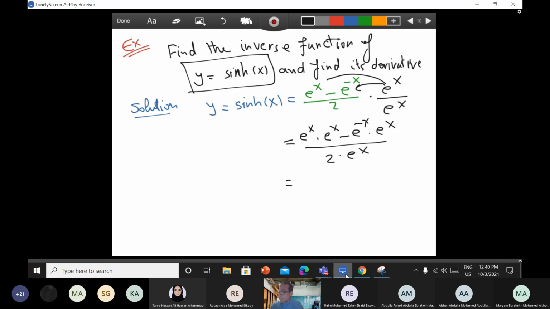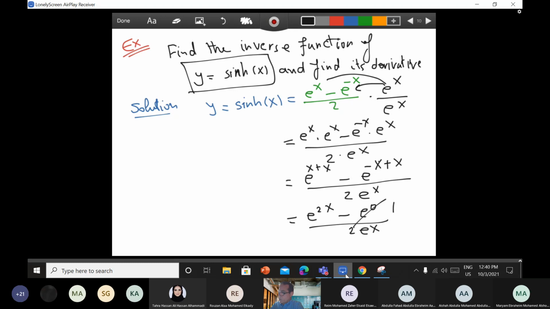Now, e to the x times e to the x, the base is the same, and you add the powers, x plus x, minus the same base, minus x plus x. So you add the power only. You end up with e to the 2x minus e to the 0 over 2 e to the x.